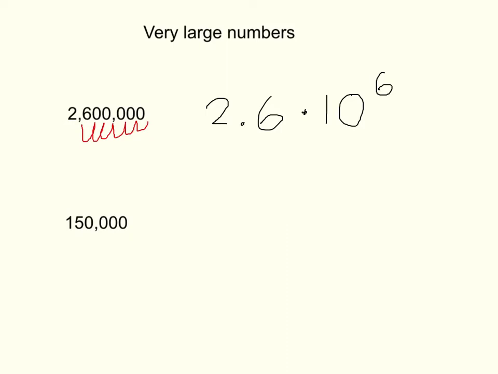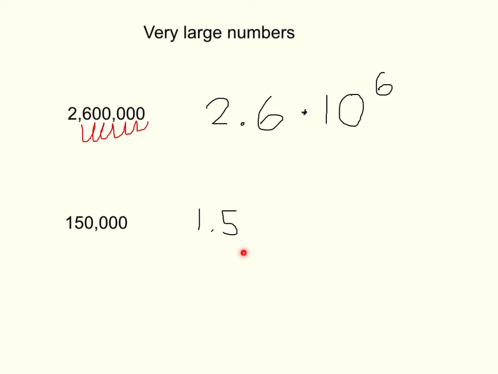Let's convert 150,000 into scientific notation. So our first step, we're going to move our decimal from where it is, right here at the back behind the final 0, to over here between the 1 and the 5. 1 and 5/10 is in fact a number between 1 and 10, so we are correct.